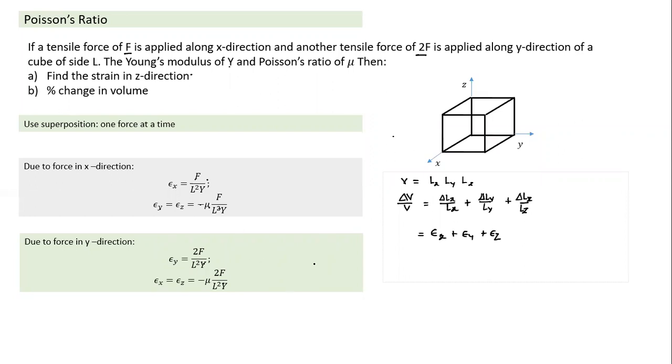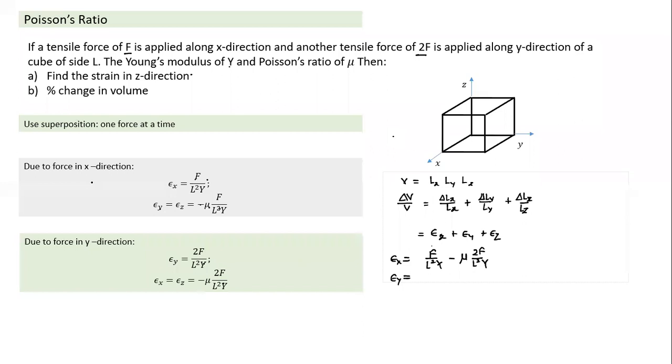Any difference? So here each dimension changes due to both the forces, right? Yes. So we have to take both, that's what I'm saying. When I take epsilon x, what do I substitute? Let me write what epsilon x is. Epsilon x is equal to F by L squared Y, and due to the other direction it is negative, minus mu times 2F divided by L squared Y. Similarly, what is epsilon y equal to?